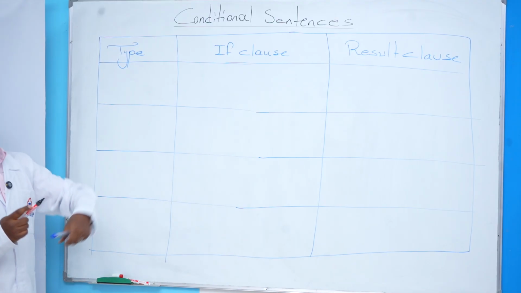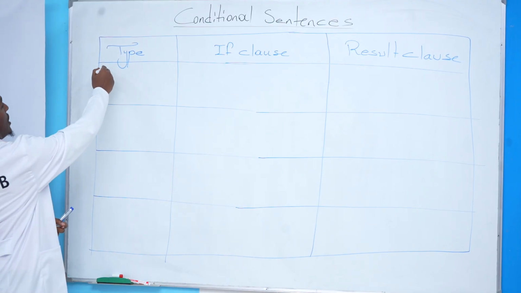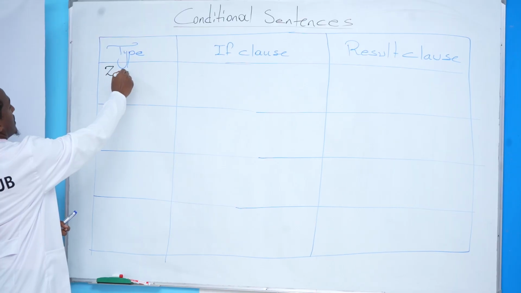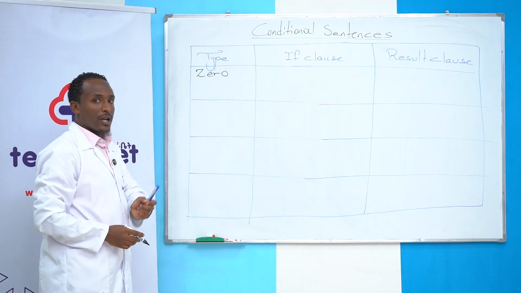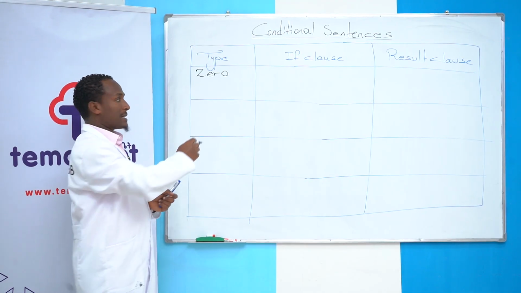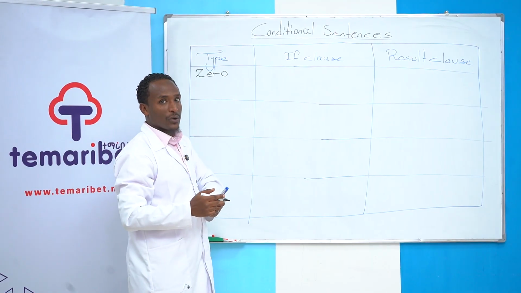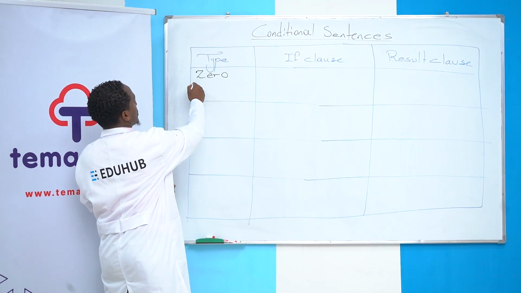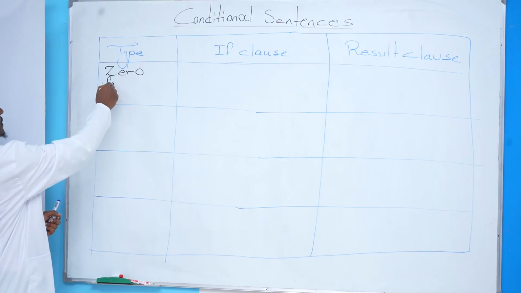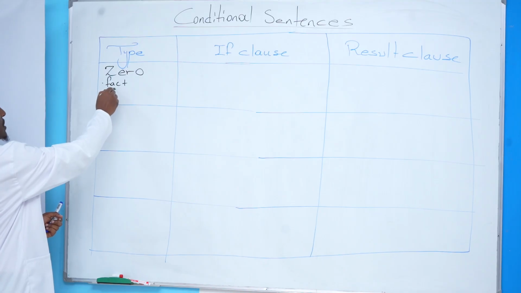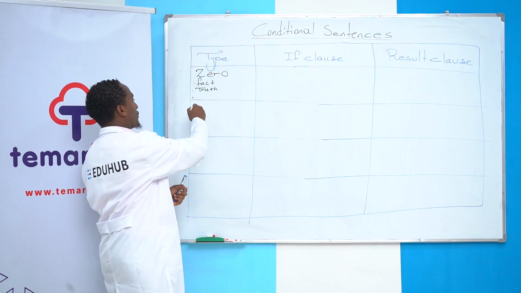The first type of conditional sentence is zero conditional, okay? Zero conditional means you are going to write a conditional sentence related to fact, related to truth, and related to a kind of rule.